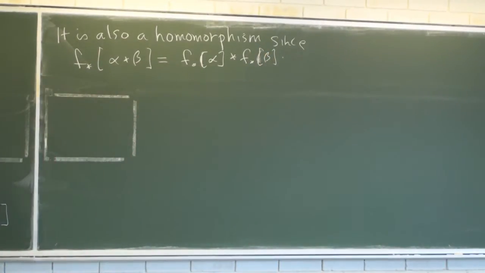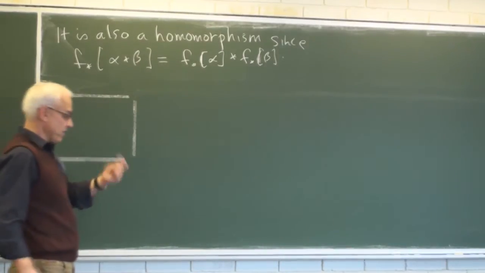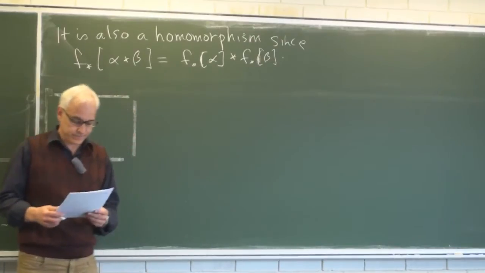So we do alpha first and then beta over here and then take the image. Well, then we're going to get the image of alpha under f followed by the image of beta.